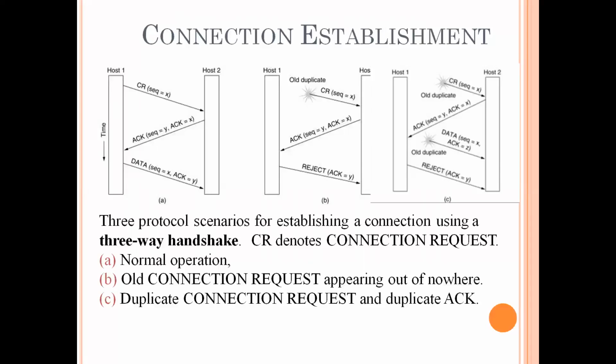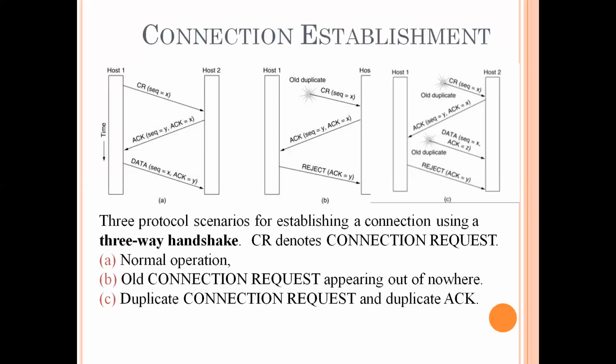Here, the primitives. Here you are seeing the connection establishment using three-way handshaking. The first figure indicates a normal operation where host 1 sends the connection request with sequence number X to host 2.